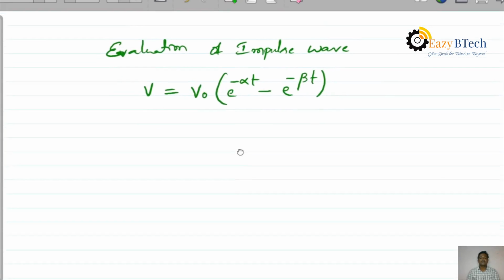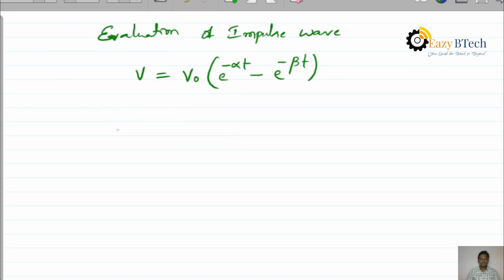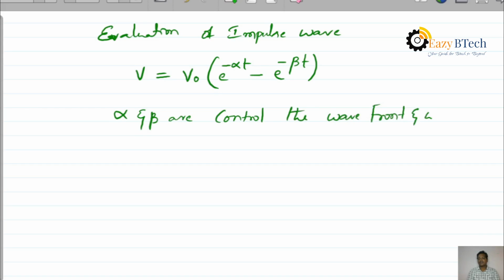What are alpha and beta here? Here alpha and beta control the wavefront and wavetail.